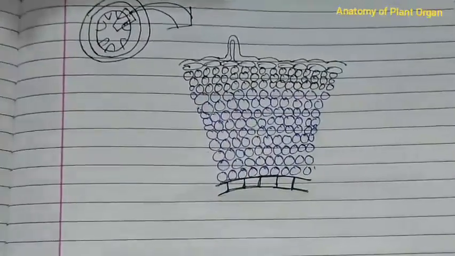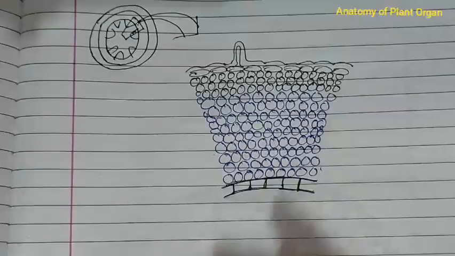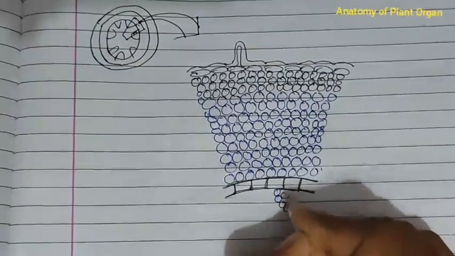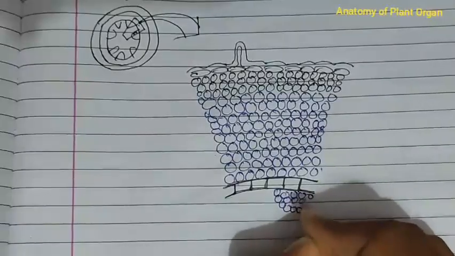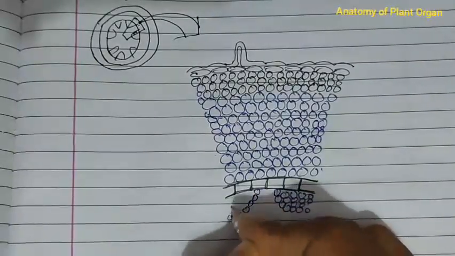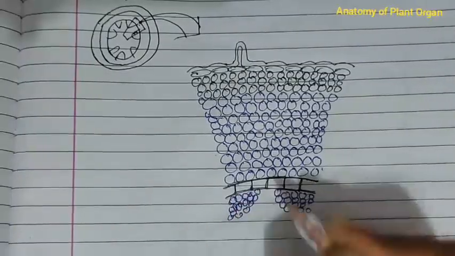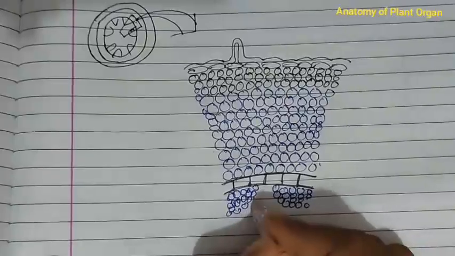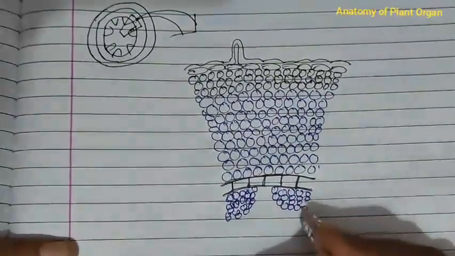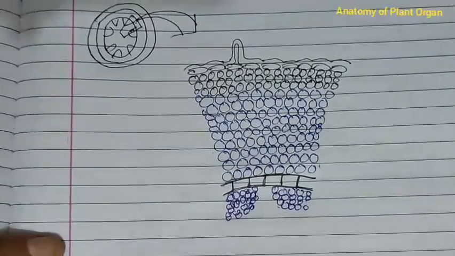Inner to endodermis we come up with the pericycle, and this pericycle is present in the form of some patches. So like this the pericycle is present.